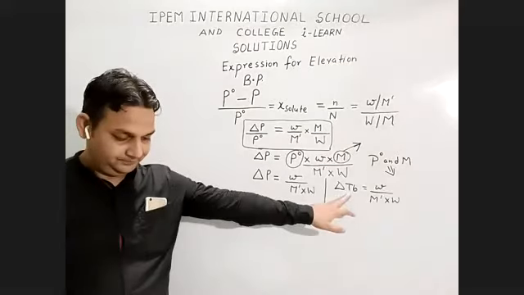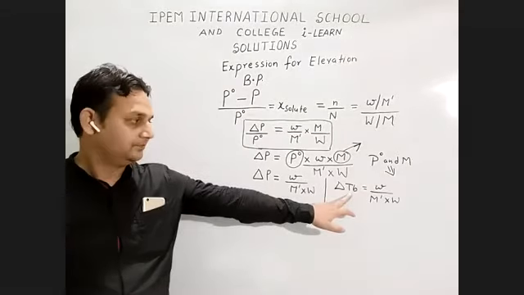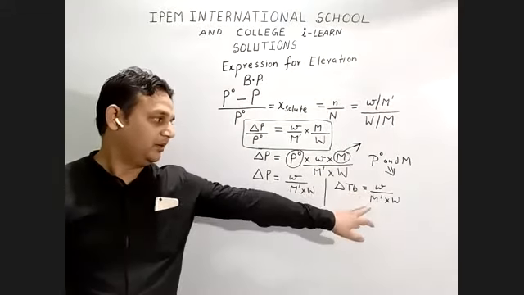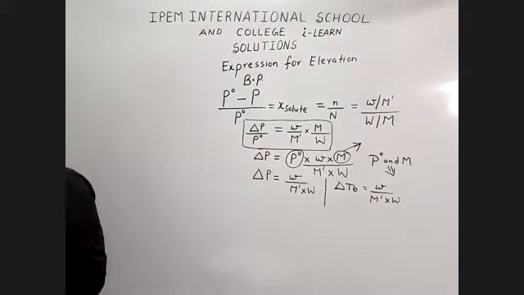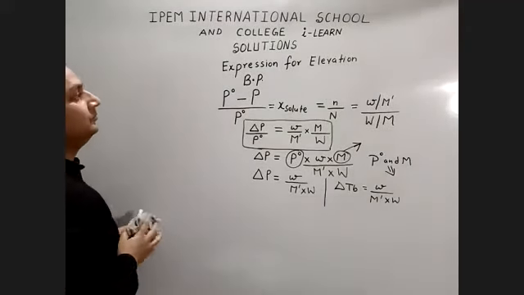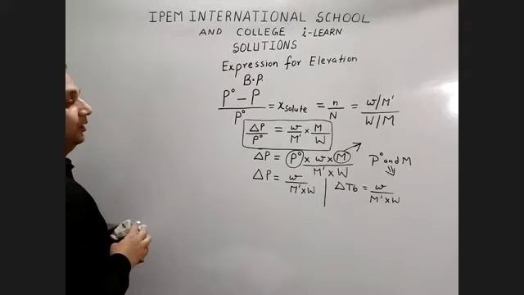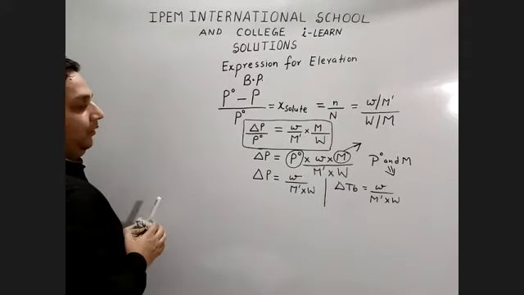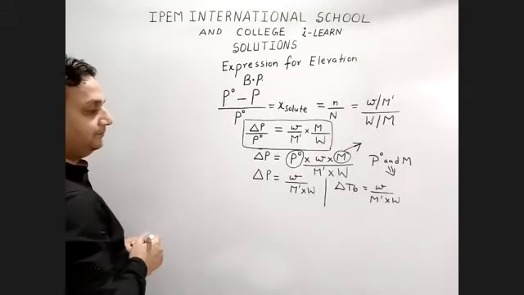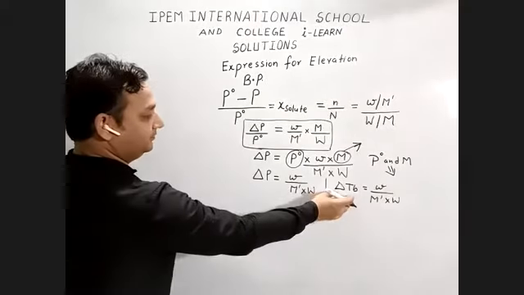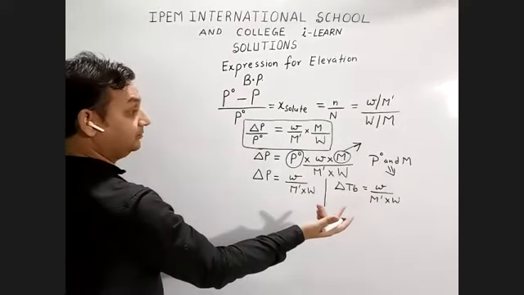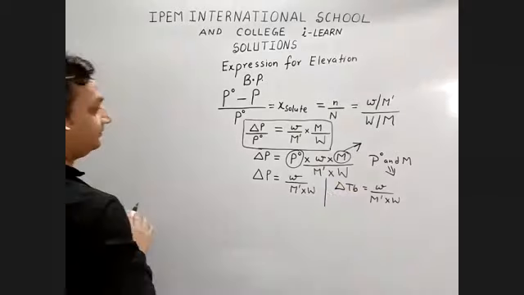So delta TB is proportional to w upon M dash W. Now, is this much clear? It means delta P and delta TB have a direct relationship from here.